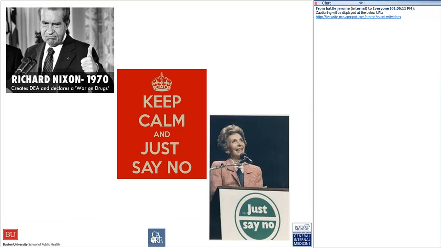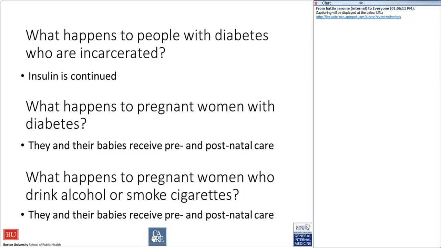We assume that it's a choice to use substances, and so we outlaw them, and we tell people to make different choices. Now, certainly making drugs less accessible can help reduce use. I'm not arguing that, but it isn't as simple as making a choice. And let's make a few more observations here. What happens to people with diabetes who are incarcerated? Well, they have their insulin continued.